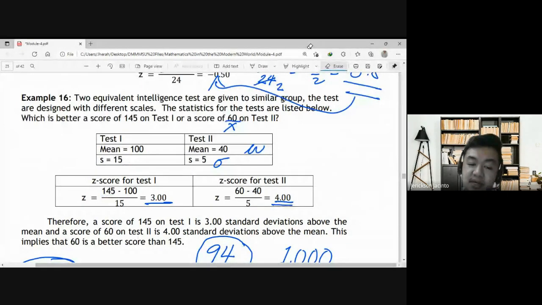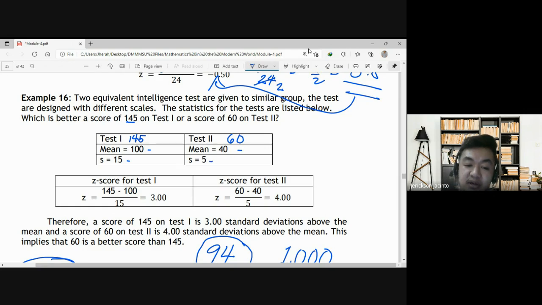Okay, so dito naman, yan yung scores nila. Yung score first is 145 yung score niya daw ng test 1. Dito naman yung score niya ay 60. The mean is 100, the standard deviation is 15, the mean is 40, the standard deviation is 5.